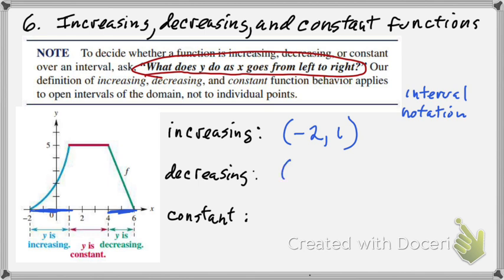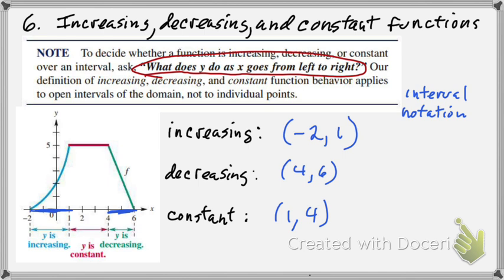So I'd say exactly what the lady said, from 4 to 6, decreasing. And then where do the y's stay constant? Well, from 1 to 4. That's about as hard as it gets.